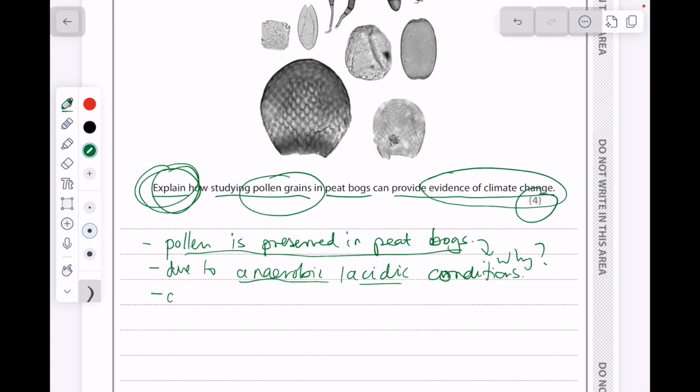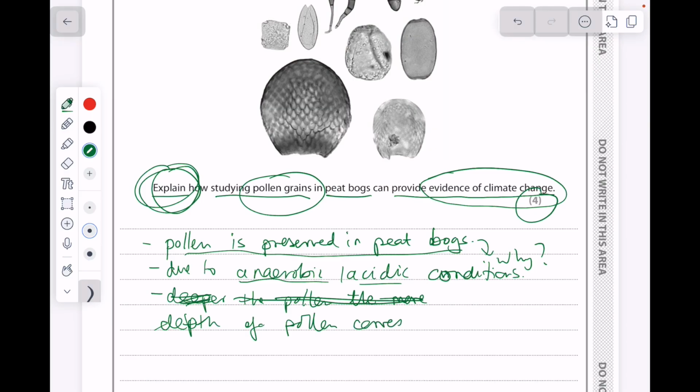Now, the deeper the pollen, the more distant in time. So the depth of pollen corresponds to time.